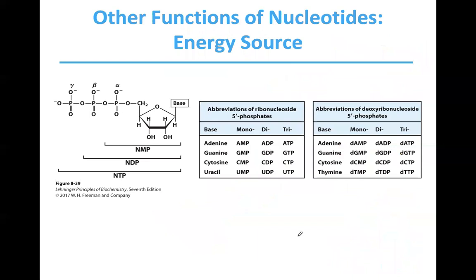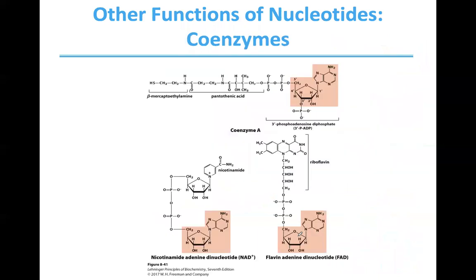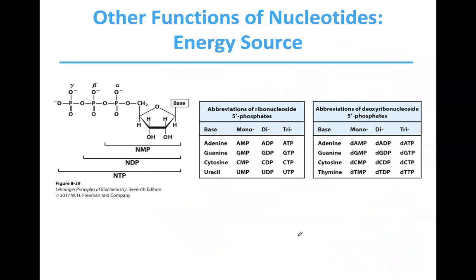All right, so there are a couple other slides. Now you already know ATP. We talked about ATP. So for example, these ones. When you have adenosine triphosphate, you know these are energy rich, right?